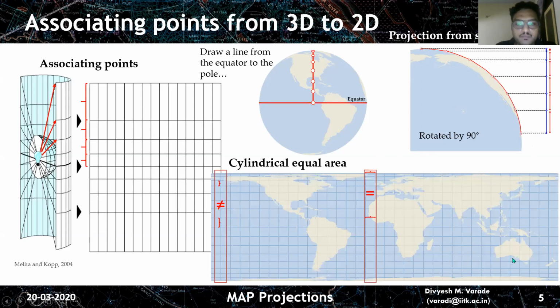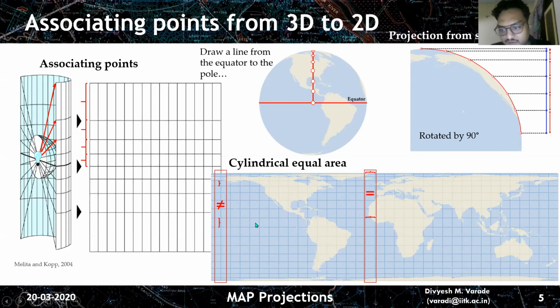So this is an example of the cylindrical equal area projection. You can see that from the equator, as we move towards the pole, the distances between parallels keep on decreasing. So your latitudes keep on getting closer and closer as we move towards the poles. But the distances between the meridians, longitudes, are uniform, they are constant.